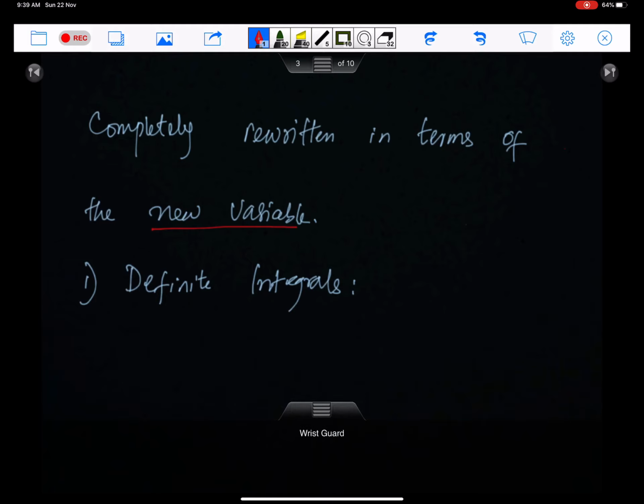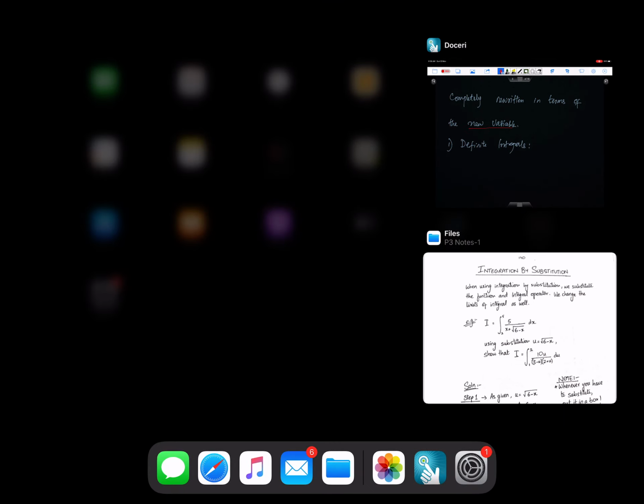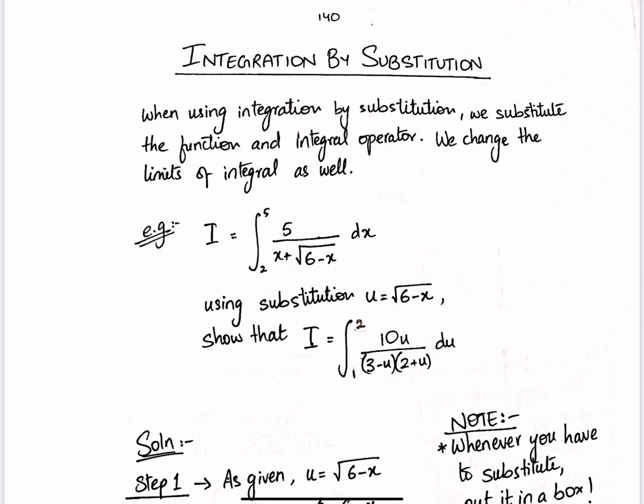There are two types of integrals, definite integrals and indefinite integrals. I start this topic with definite integrals. Integration by substitution.